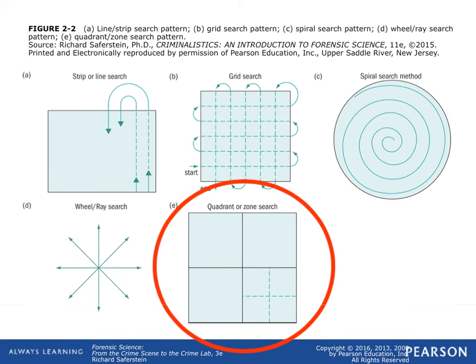And you can get an idea of the types of crime scenes where you could utilize these crime scene search patterns. Many times there's more than one correct answer, and I would just be looking for your rationale and your justification in why you would choose that type of crime scene search pattern for the crime that you were assigned to.